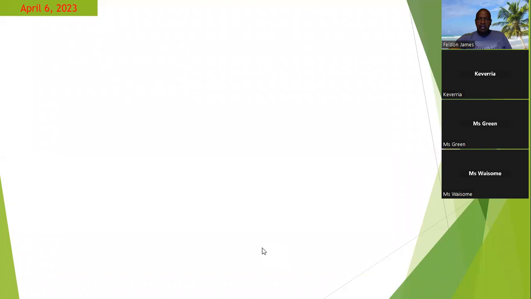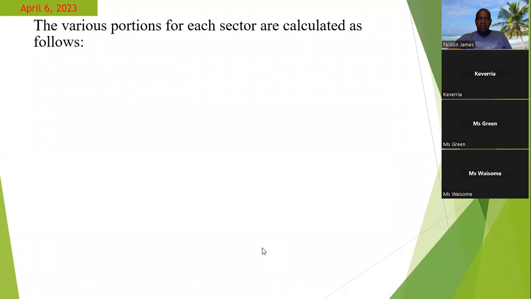All right. Now, in order for us to do that, we first need to decide whether we're going to use the sector angles to do the portions, or we're going to use sector areas.